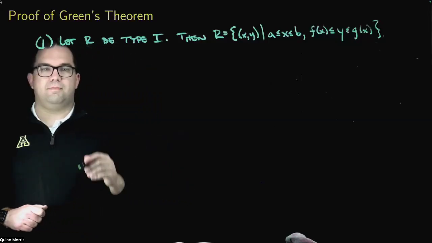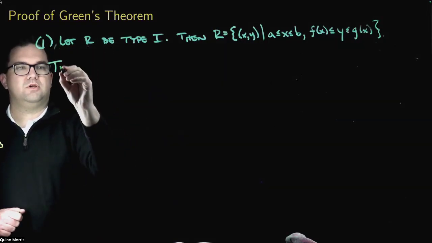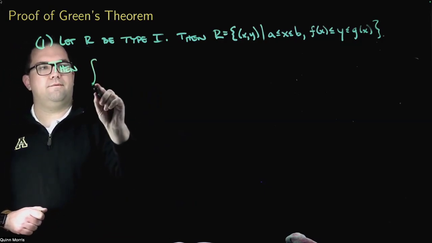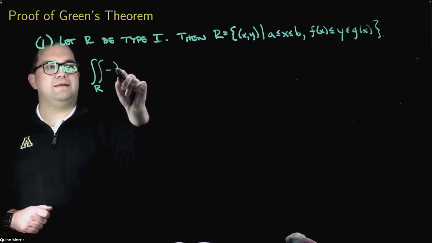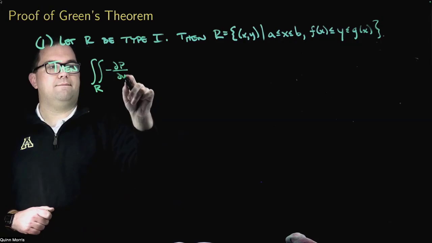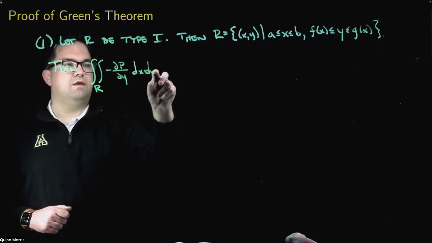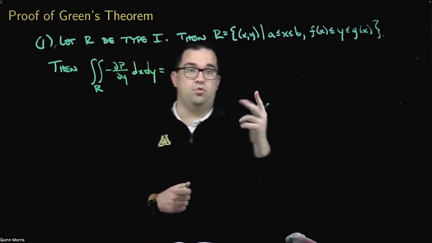Now let's start by looking at one part of the double integral. If I look at the double integral over R of minus dp dy, dx dy, I can actually compute this by iterated integration, and I can do it in either order.